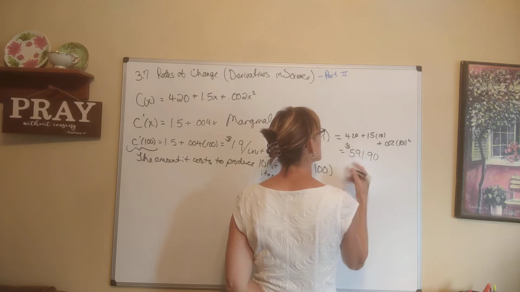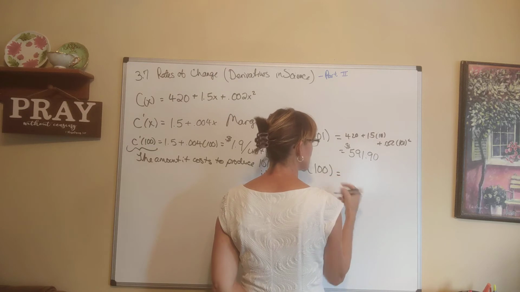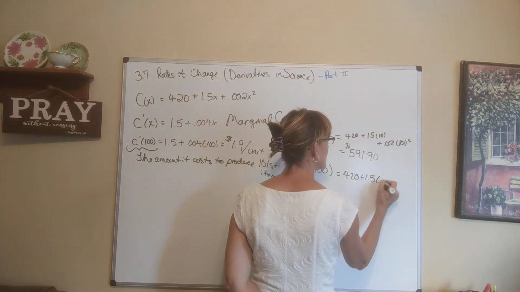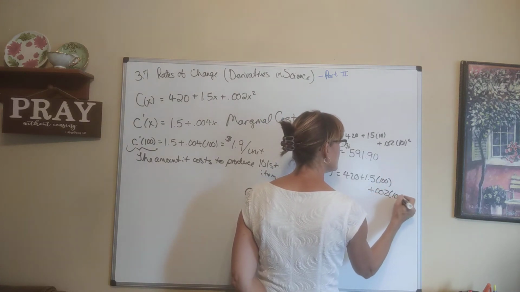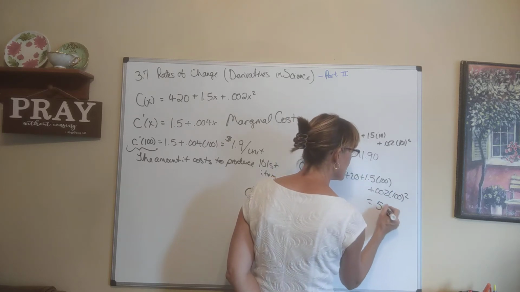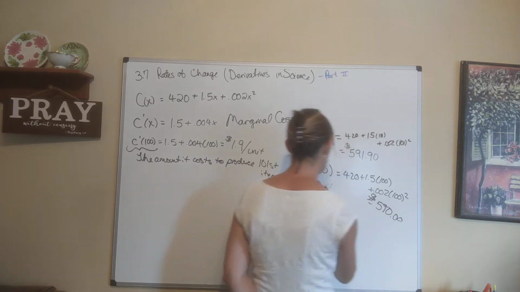This is how much it costs to produce 101 items. Okay, and so 100 is 420 plus 1.5 times 100 plus 0.002 times 100 squared, and we calculate all that, and we get 590. And so this is the amount it costs to produce 100.